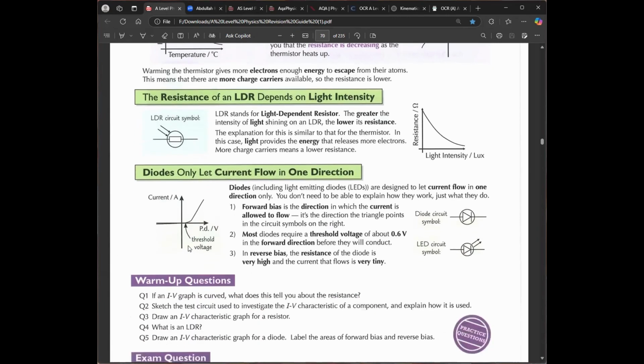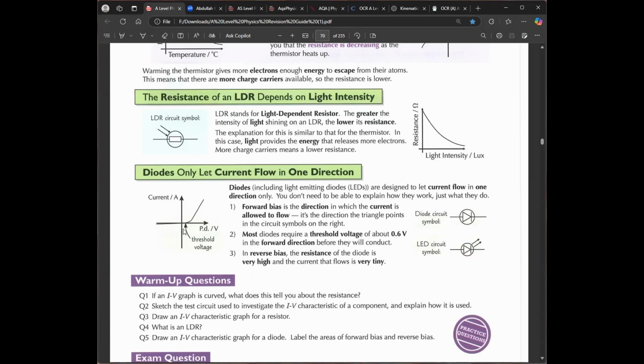So diodes only let current flow in one direction. Forward bias is the direction we want to go, which means positive potential difference flows through it. Forward bias is the direction in which the current is allowed to flow. The other direction, as you see, is the reverse bias.